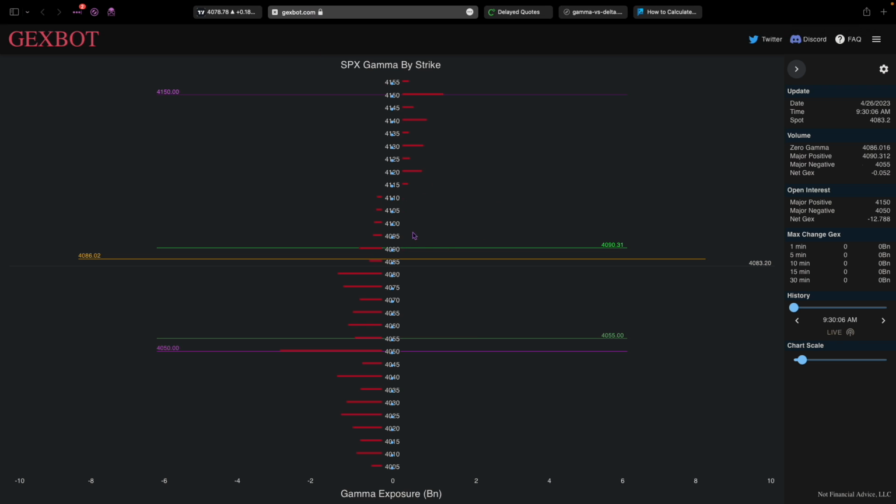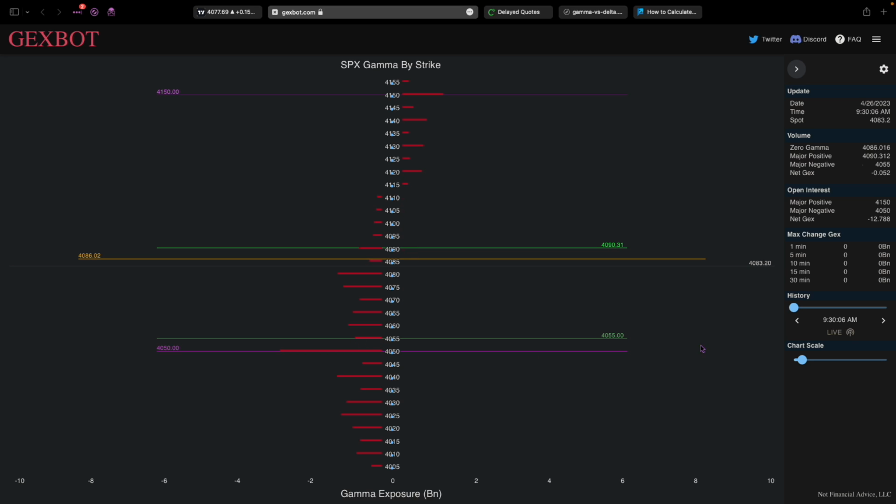So what's going to happen is these bars are indicating how much dealers are going to need to hedge given where spot is. And the bars are going to change as well because the gamma of these specific strikes is going to change as either spot moves up or spot moves down.